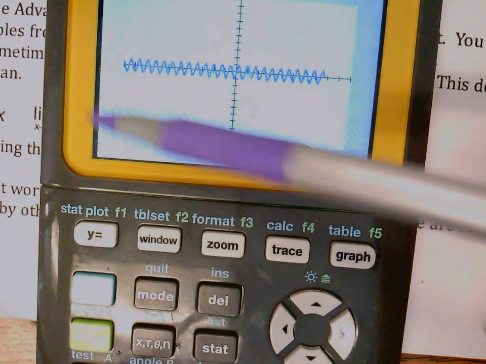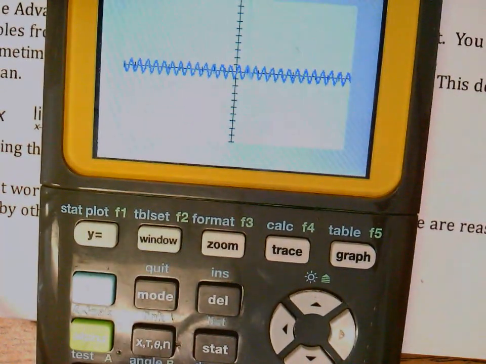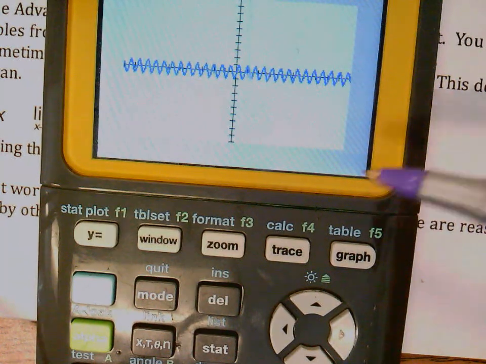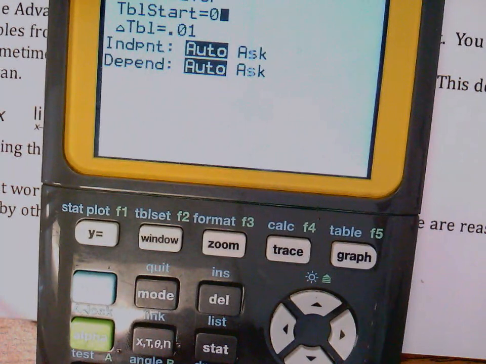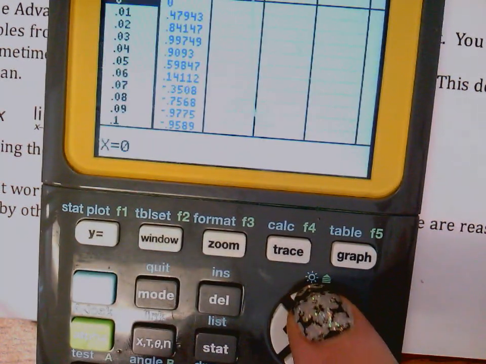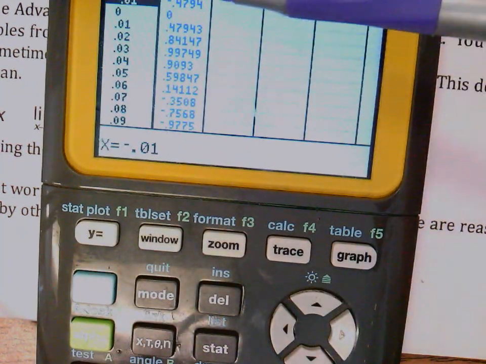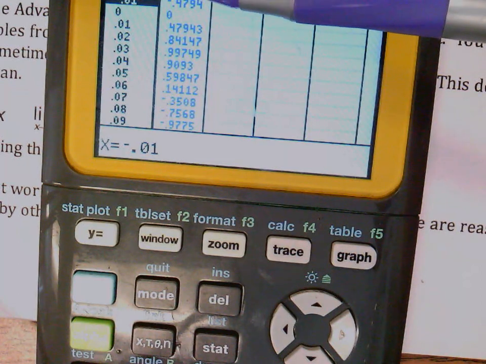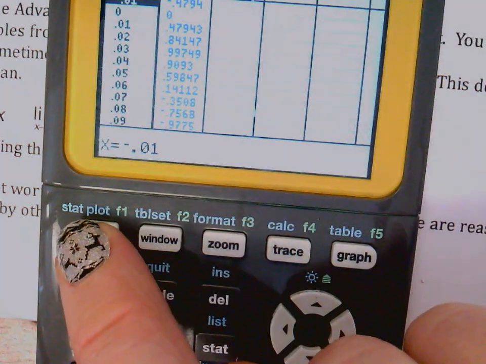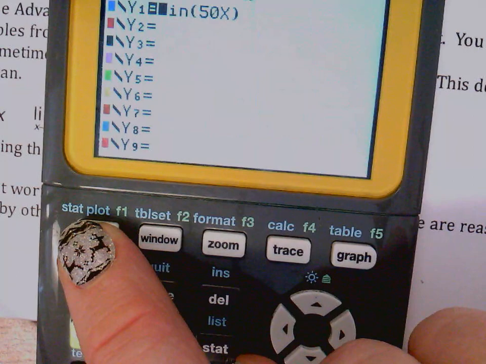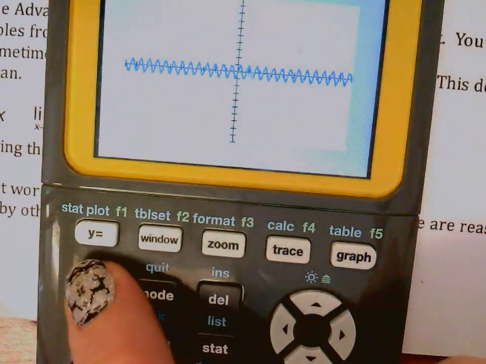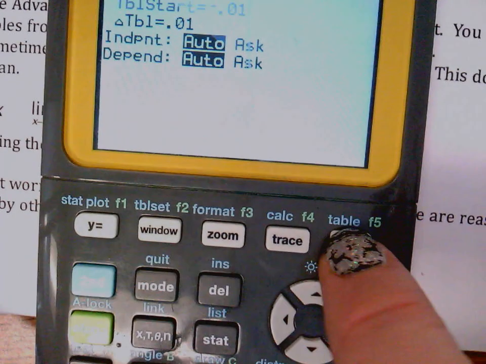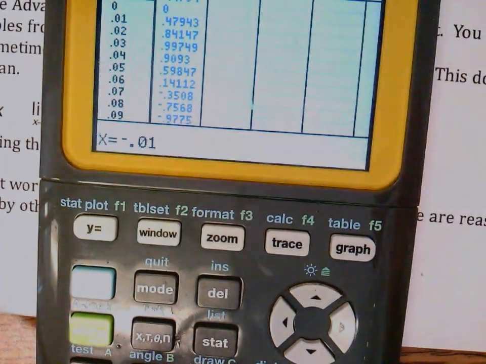So that one is hard to read. And if you go to your table at like 0, it's hard. Well, I'm not sure why we can't just evaluate this one by direct substitution, but because it's oscillating, it doesn't approach a specific value, I guess.